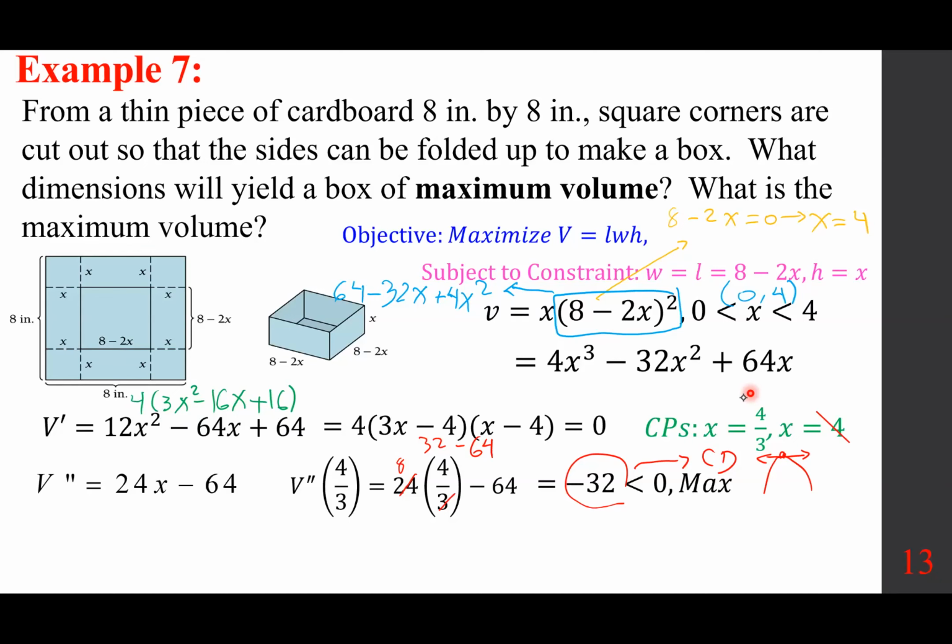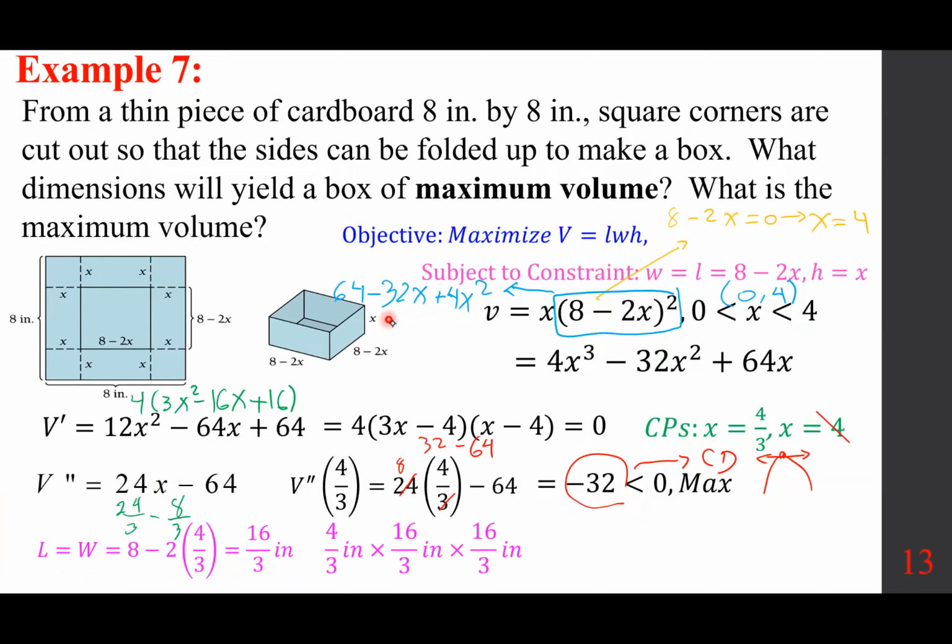So if x equals 4/3, which is the height, what is the length? 8 minus 2 times 4/3. 8 minus 8/3. And it becomes 16/3 because 8 is 24/3, everybody. So the dimensions are 4/3 by 16/3 by 16/3.